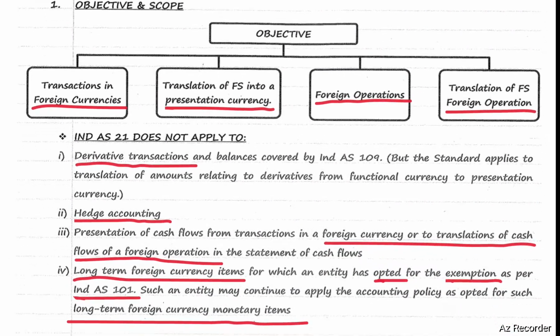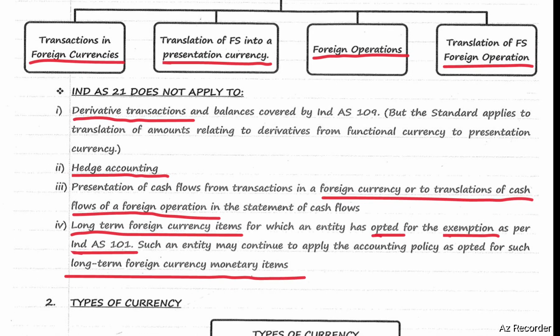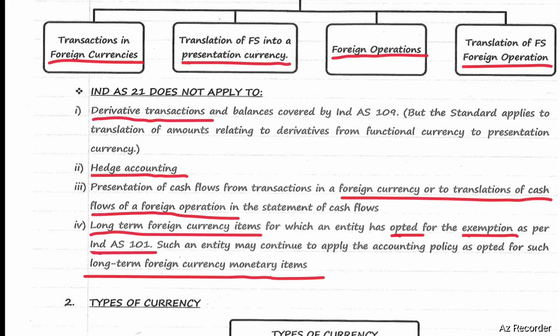Ind AS 21 does not apply to derivative transactions and balances covered by Ind AS 109, but the standard applies to translation of amounts relating to derivatives from functional currency to presentation currency, hedge accounting, presentation of cash flows from transactions in a foreign currency or to the translations of cash flows of a foreign operation into the statement of cash flows, and long-term foreign currency items for which an entity has opted for the exemption as per Ind AS 101.